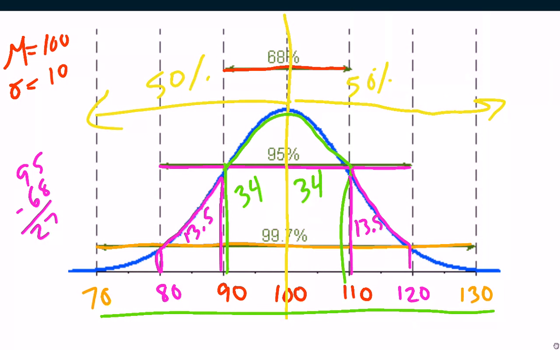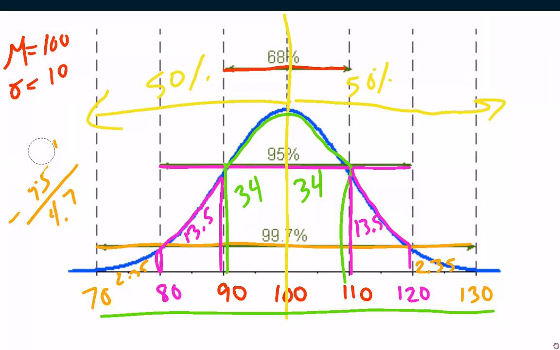Then the next part counts for 99.7. So I need to do 99.7 minus what I have already, which was 95. So that's going to be 4.7, which means that this little tail part is going to be 2.35. And I don't sit here memorizing these decimals. I just learn them or rewrite them for each problem if I need it.